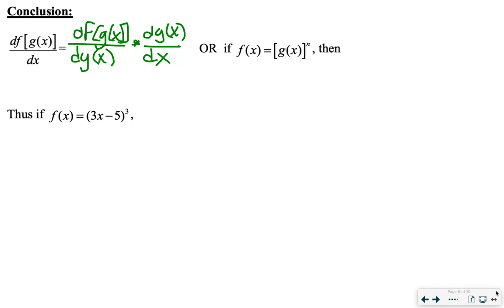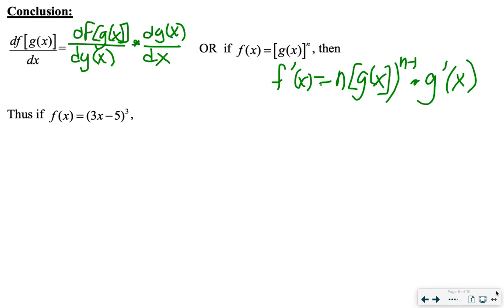Right, so if I have f of x is g of x to the exponent n, then my derivative is going to be n times my g of x to the n minus 1 times that derivative of g of x.